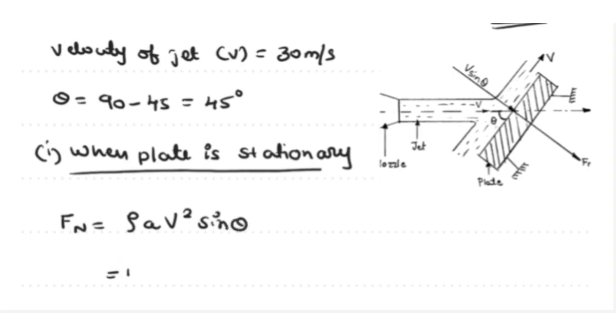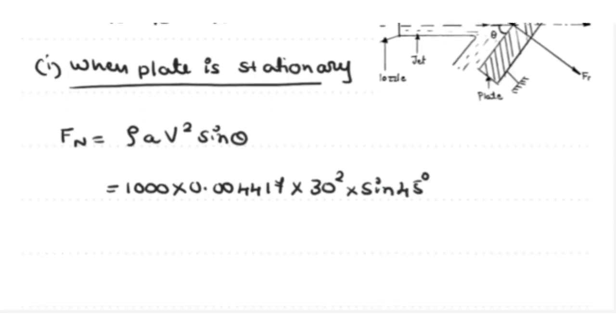Rho is the density of water, equal to 1000. Area we have calculated as 0.00417, into V square, velocity of jet is 30, so 30 square, into sin 45 degree.